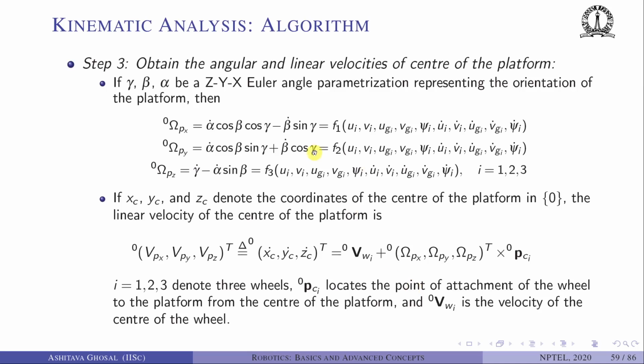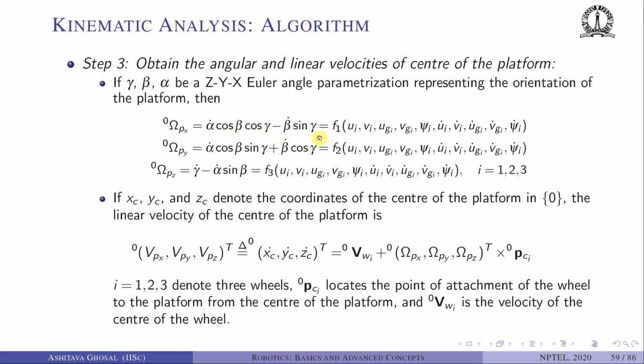Okay, so we obtain the angular and linear velocity of the center of the platform. So let's assume some gamma, beta, alpha is some z, y, x Euler angle representation of the orientation of the top platform. Then the omega px, omega py, omega pz, which is nothing but the platform angular velocity along x, y, and z, will be related to alpha dot cos beta, cos gamma, minus beta dot sine gamma.